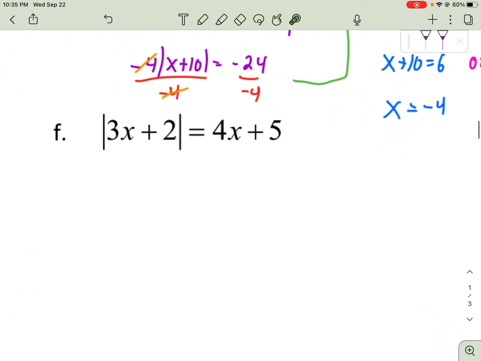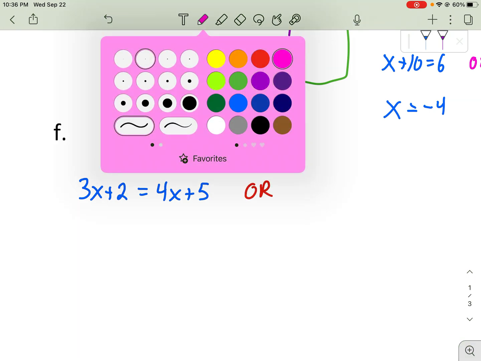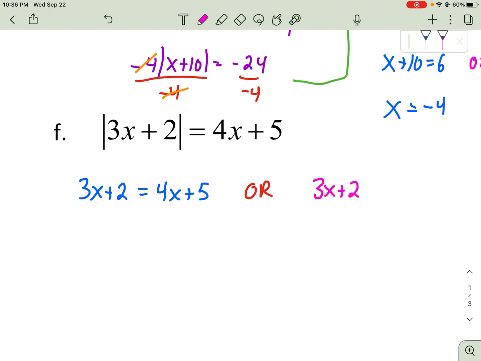All right, now coming down to f, this one's a little trickier because we have x's on both sides and like two terms over here, but everything's going to be the same. We're going to do 3x plus 2 equals 4x plus 5, or we've got to set up a second case here where 3x plus 2, the thing inside the absolute value, could equal negative this, because then when you do the absolute value of it, you get positive.